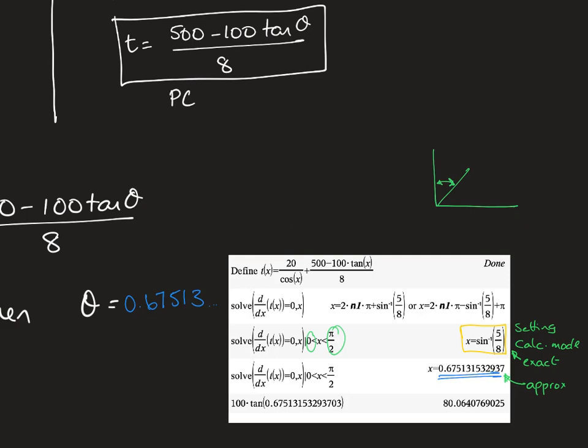And then the final part in the question asked for the distance from B to P. And so the distance from B to P, all I've done, you can see, is I've substituted the answer in here. So I actually use the ANS button here on the CAS calculator rather than copying the information down.